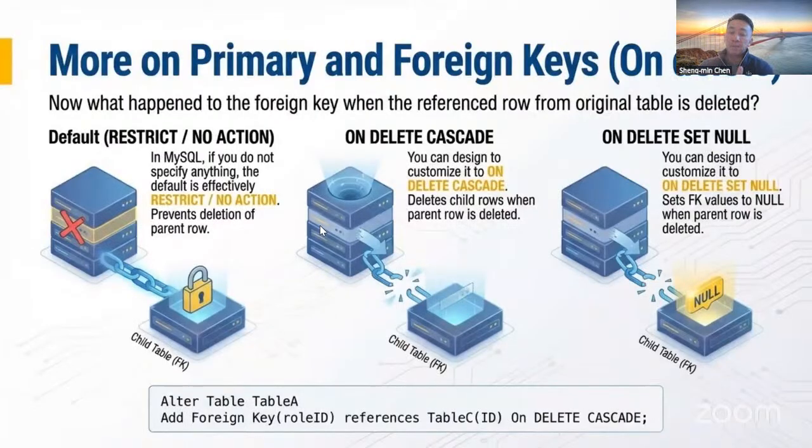One is if the primary key is deleted, then all the rows that have the foreign key would also be deleted. That's the cascade. The set null is that if the primary key is deleted, all the foreign keys will be set to null, but the row will stay the same. Now you'll just have these orphan rows in the foreign table. That may be the behavior intentionally or unintentionally, but those are at least the available options out there for customization.